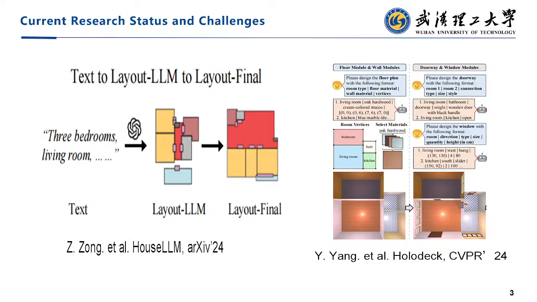But most of them assume a room is a rectangle, and they use a lot of input: how many rooms and what kinds of rooms they need, and also the adjacency, such as the bedroom should be neighbor to the living room. There are a lot of assumptions and inputs.